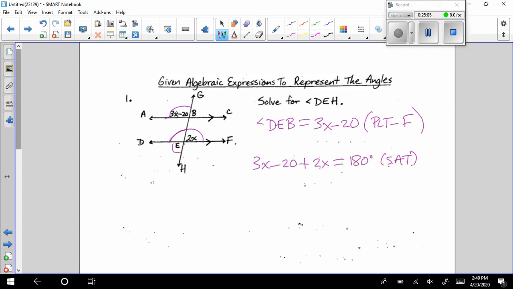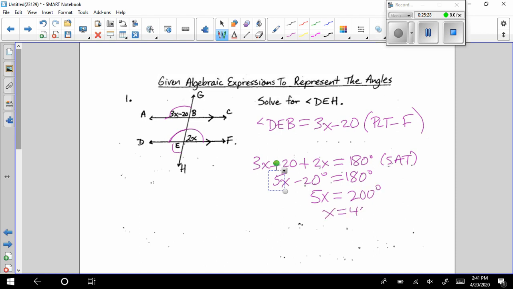So remember, angle DEB is equal to 3x minus 20 plus 2x equals 180. So 5x minus 20 equals 180. 5x equals, now add 20 to both sides to get 200 here.